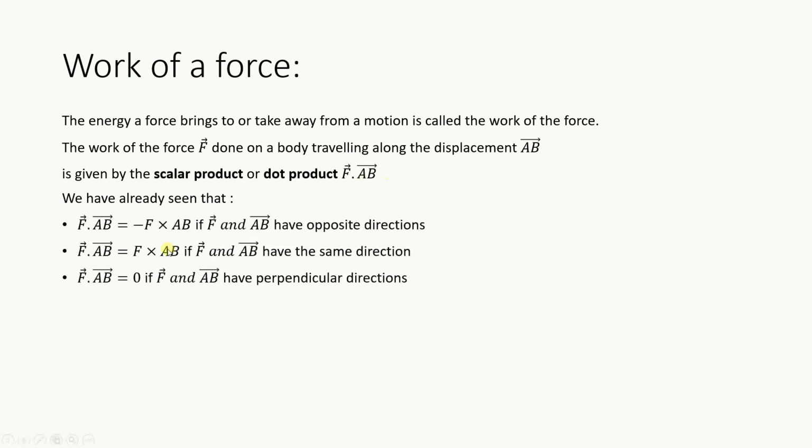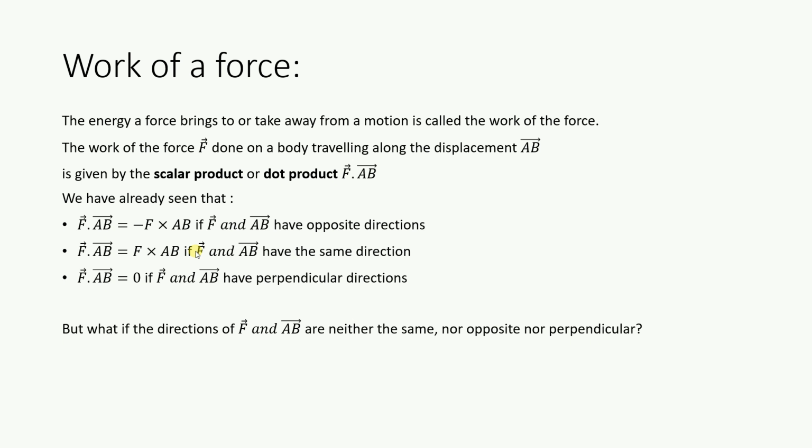So what we've seen thus far is that if vector F and vector AB have opposite directions, then the scalar product is minus F times AB. If they have the same direction, then it's plus F times AB, and if they have perpendicular directions, then it's just 0.